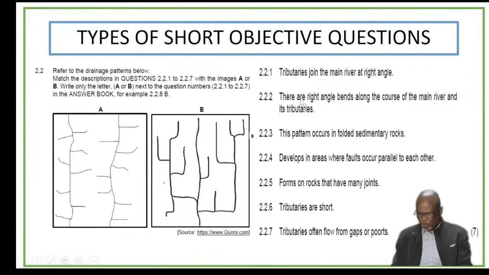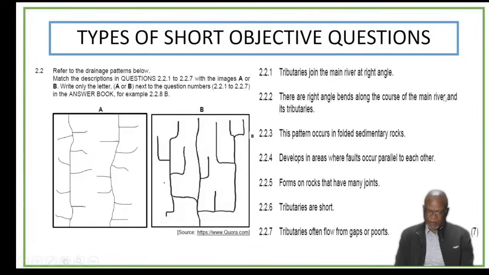Now let's quickly go through these short questions on drainage patterns. Tributaries join the main river at right angle. Which one has tributaries joining at right angle? Both of these, A and B. So that question will be for both.